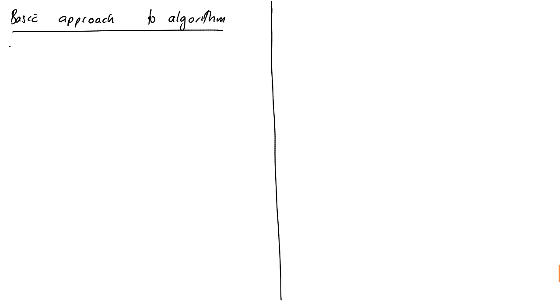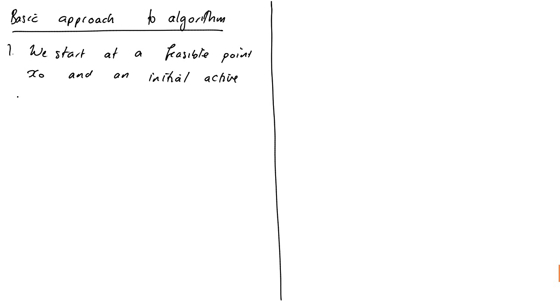So always, to start an algorithm like this, we start at a feasible point, x0, and an initial active set. That's our initialization step. Then what do we do? This is what we'll do at each step.